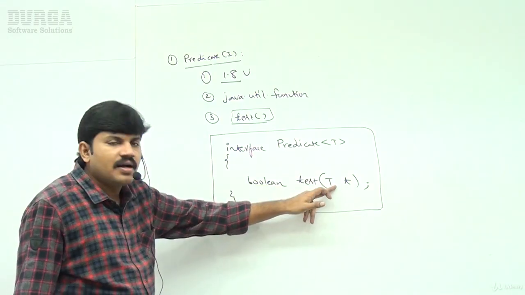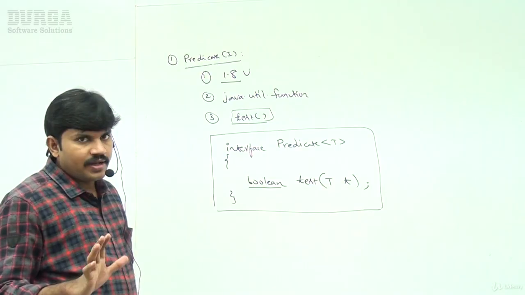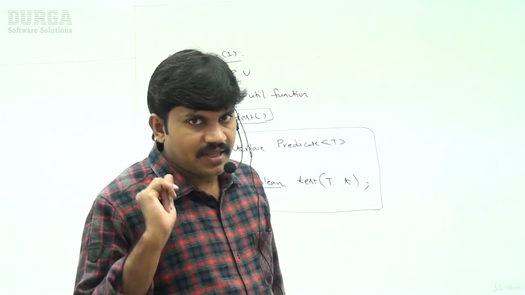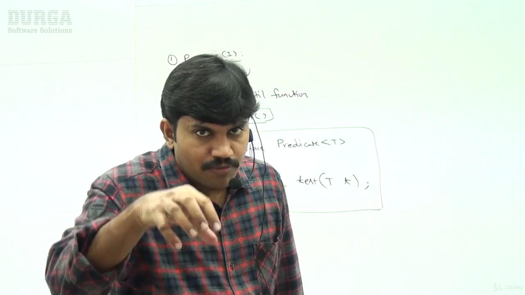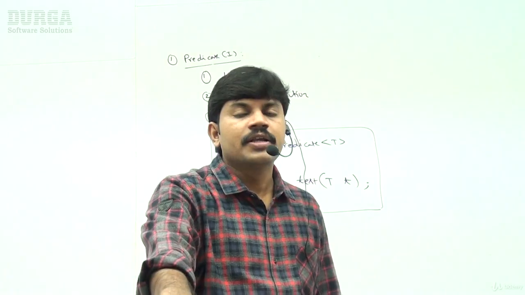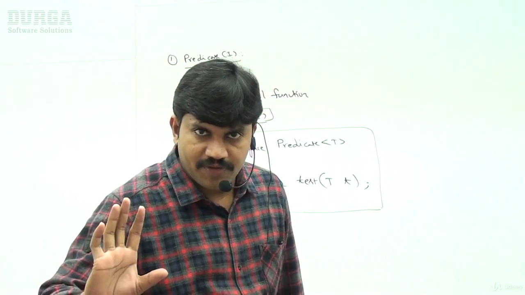Based on that, it will return true or false. Clear for all of you, right? Sir, the Predicate interface contains which method? Test is the method. The test method can take some input value and perform some conditional check. Based on that, it will return either true or false. Clear for all of you, right?